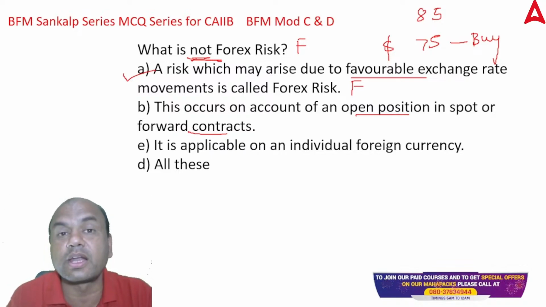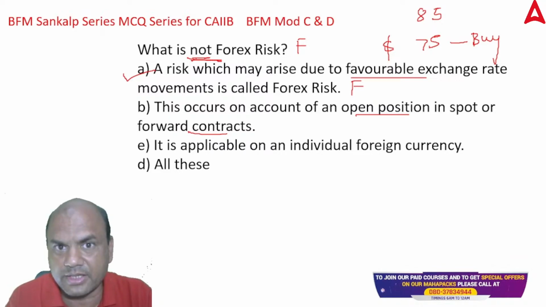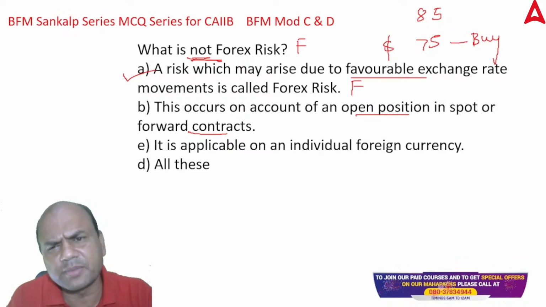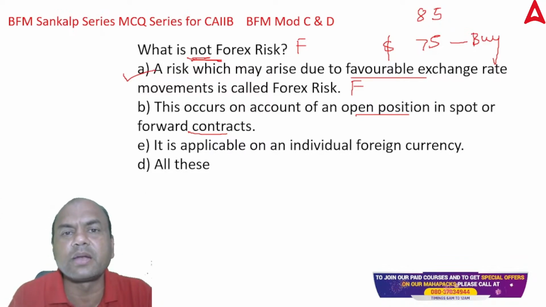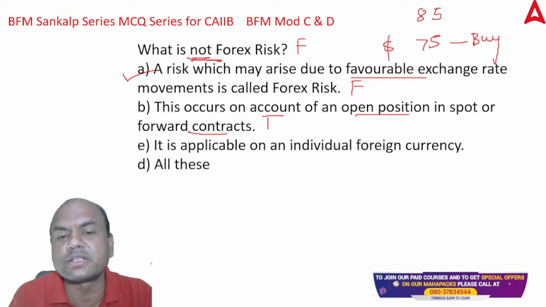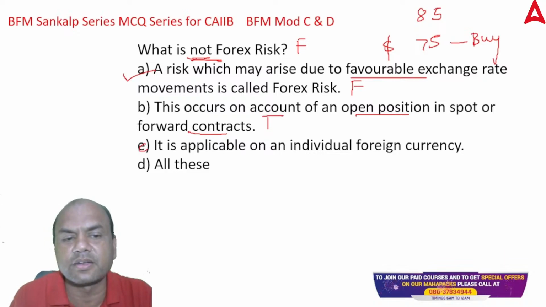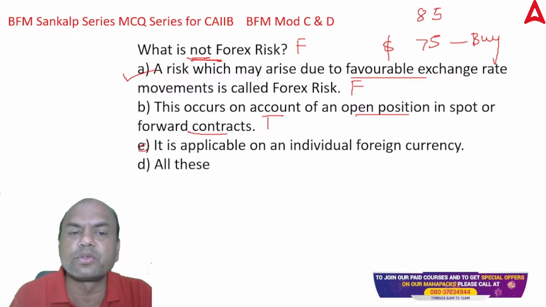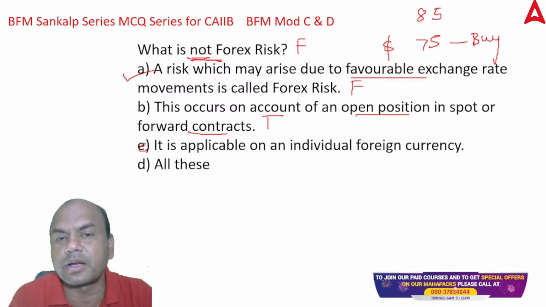Open cash or day-end cash, what we say in our bank as vault cash. Same logic, day-end position. So this will definitely arise because of this. So this is true. In the exam, don't even check this third answer, because you know this is true. So all of them can't be the answer. So A is the answer.